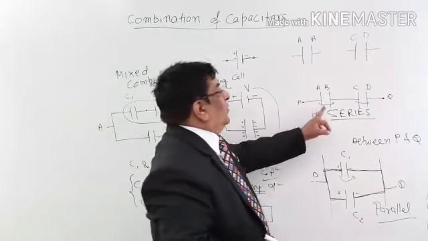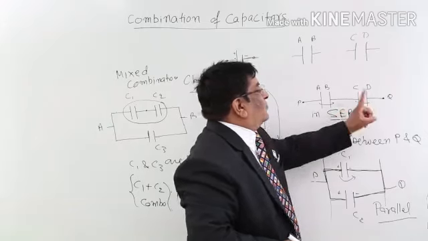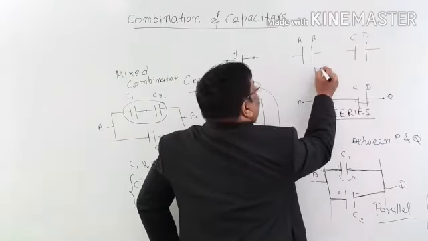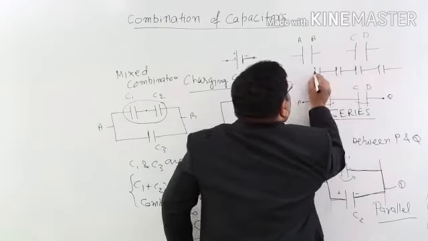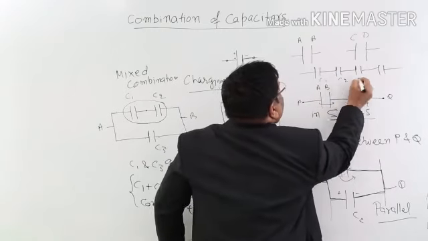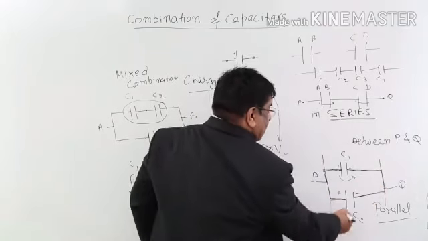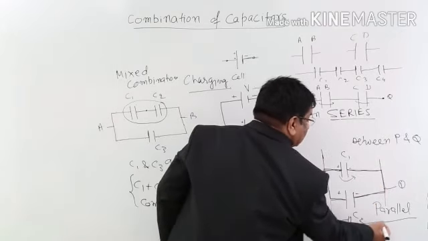This is pure series because all capacitors we have to cross once, and there may be so many like this. All this C1, C2, C3, C4 are in series. And here we can have more like this.